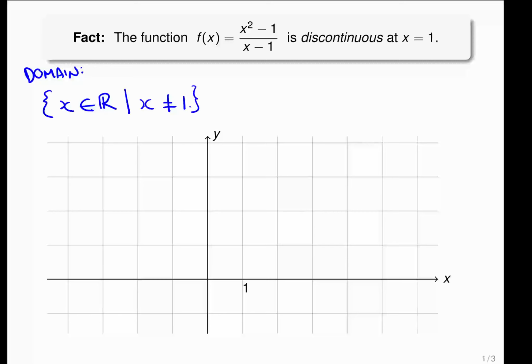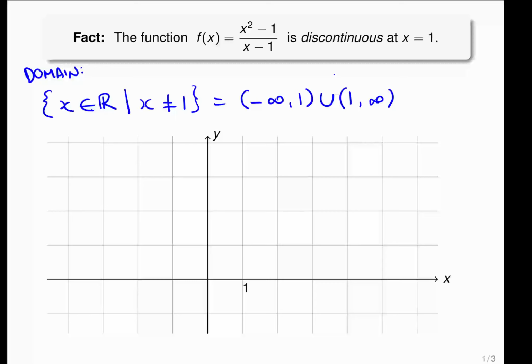Now, this set turns out to be the union of two disjoint intervals, so we may write this set in interval notation too. We have all the real numbers below 1, not including 1, and all the real numbers above 1, not including 1. And since we want to consider them together, we take their union.